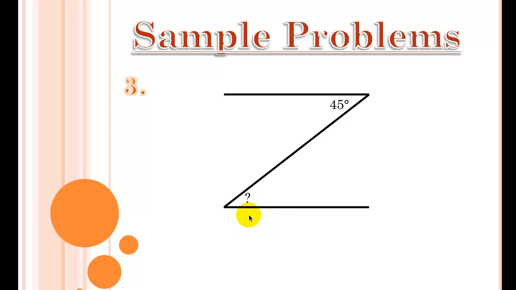It states that two angles that are in a Z pattern, the two interior angles, are equal. So this angle here should equal, theoretically, this angle. So this angle would equal 45 degrees.